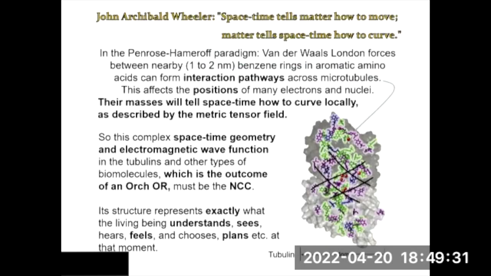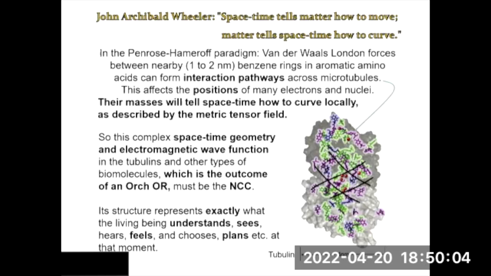And it is as if John Archibald Wheeler has said that so beautifully: space-time tells matter how to move, because matter moves along the curvature of space-time, and matter tells space-time how to curve. So the places of the particles determine the geometry at a certain moment.